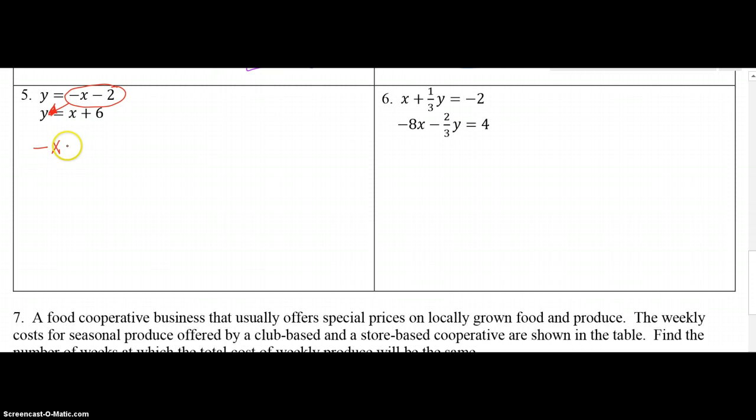You get negative x minus 2 equals x plus 6. Solve by subtracting that x from both sides. And a negative x gives you negative 2x.